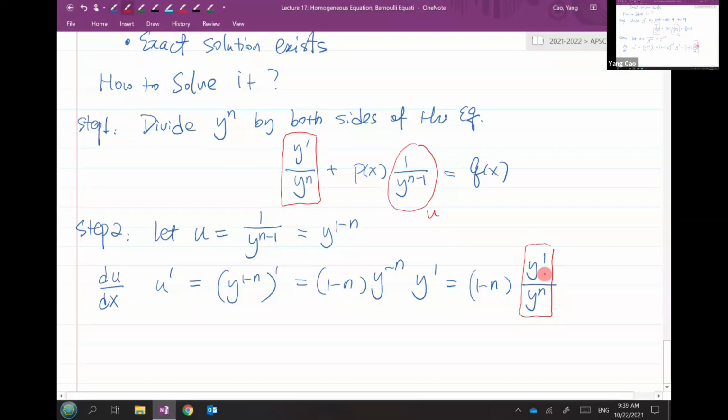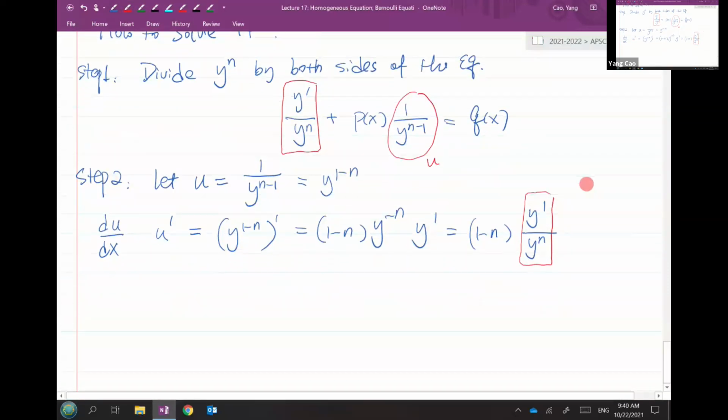So I can replace this y prime over y to the power of n using the relationship over here. What's the relationship? y prime over y to the power n equals u prime over 1 minus n.